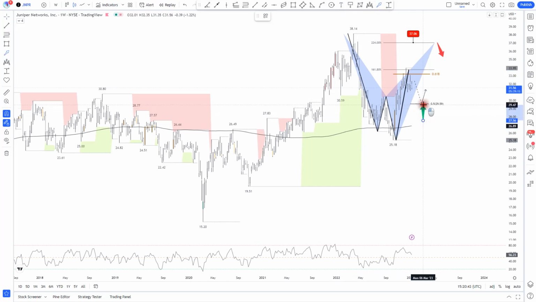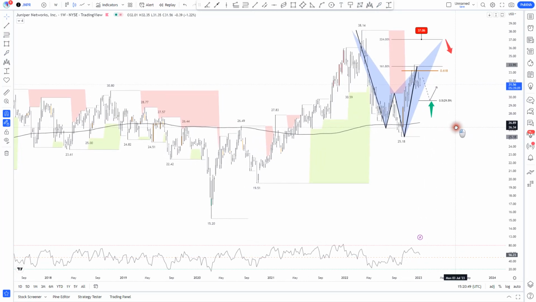So pay attention to this price zone, which may offer again a new support. 25.18, a violation of these lows, and we will prepare an attack to the previous fractal support levels.